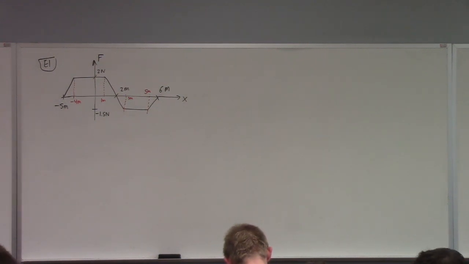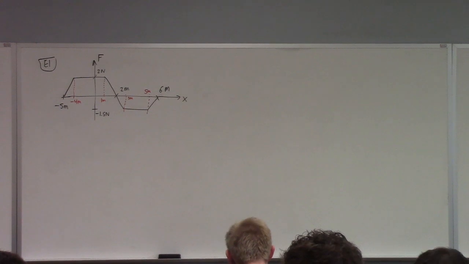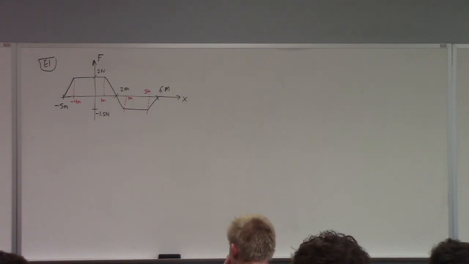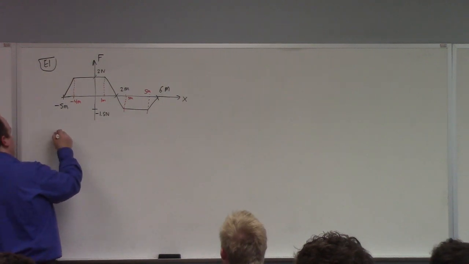So in your WebAssign, your Mastering Physics, you probably have a graph of force versus position, right? And they don't have numbers because they've got a graph and a scale. But since I'm really bad at drawing graphs on the whiteboard, I just put some numbers for you, all right? Here's a question.